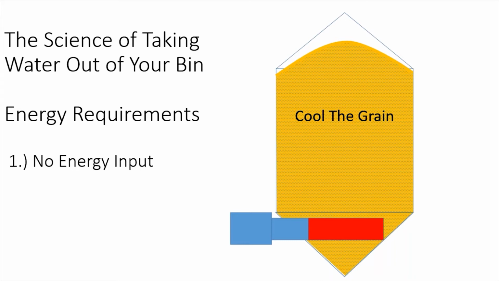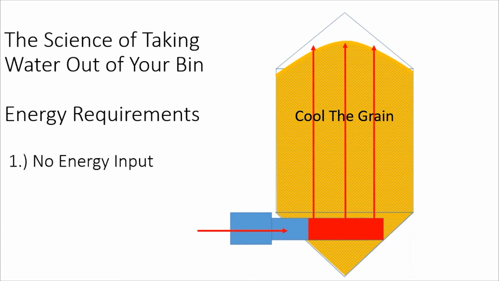In this instance, you have enough energy to vaporize your water, and all that's required is airflow. You've got cold air coming in, and that cold air is equivalent to a small bucket, so you're bringing a small amount of water into the bin because of this low carrying capacity.